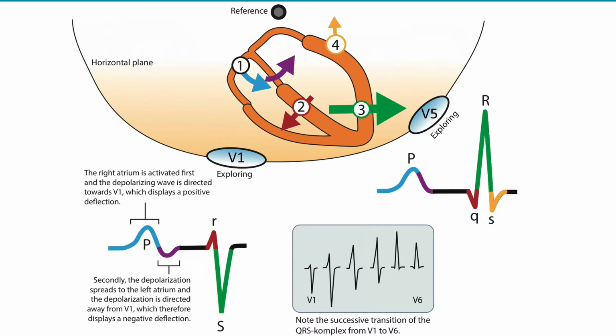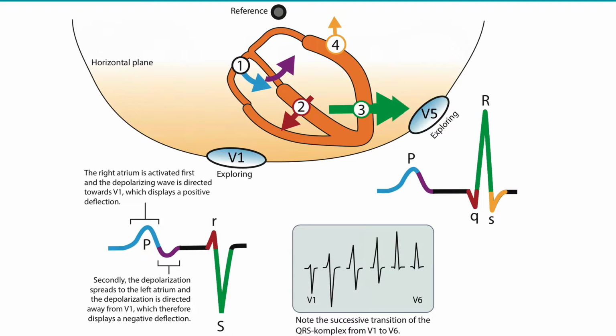Next is the activation of the free ventricular walls, which are these walls. Now, because the right ventricle is much smaller than the left ventricle, this phase in the cardiac cycle will be dominated totally by the left ventricle. So the only visible vector here is the vector generated by the left ventricle. And that vector is directed to the left.